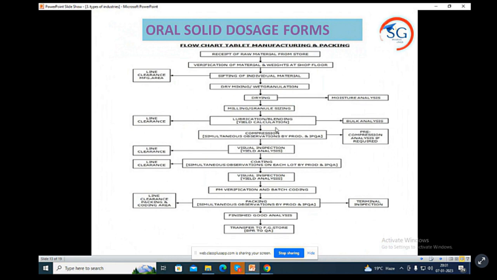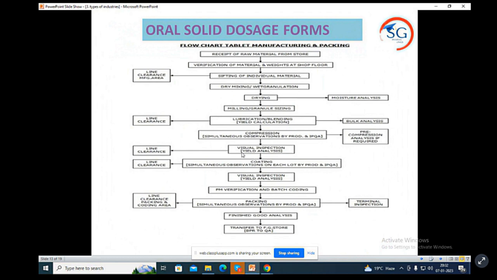Visual inspection is also called AQL, acceptable quality limits. You will have a checklist in which the different types of defects are classified, like critical, major and minor defects, and based upon these defects you should approve the compressed tablets for the next step. So what is the next step after compression? If everything is okay and the AQL is within the limits.